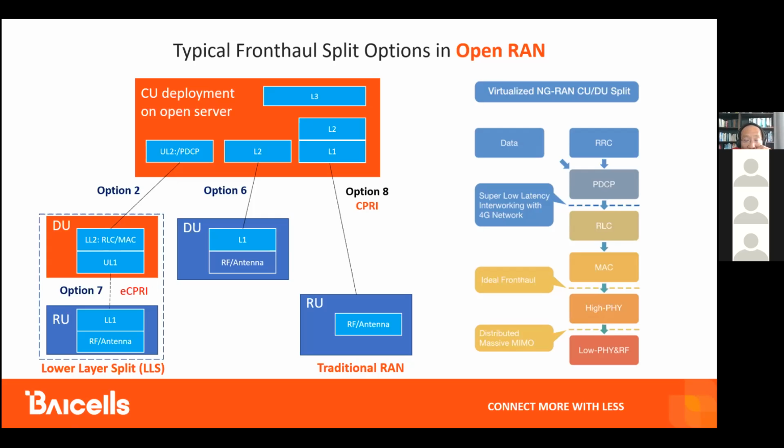When you split between the higher layer 2 and lower layer 2, that becomes option number 2. Within the DU, you can further split at layer 1 between upper layer 1 and lower layer 1, and that becomes option 7.